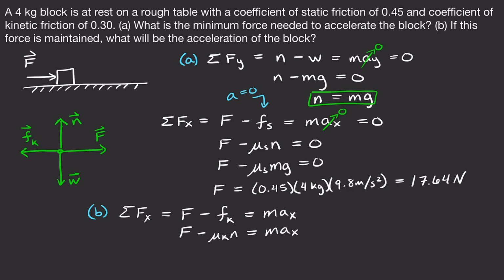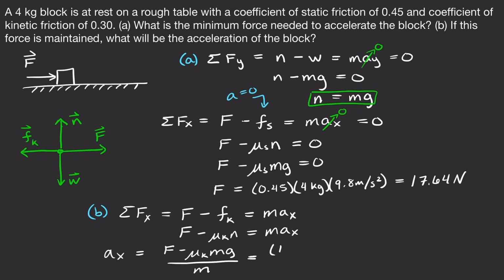Okay? And if I solve for the acceleration in the x direction, I need to divide by m on both sides, so I get F minus mu k, and for n I'm going to substitute mg since I know the mass of the block. Okay, and divide that by m.